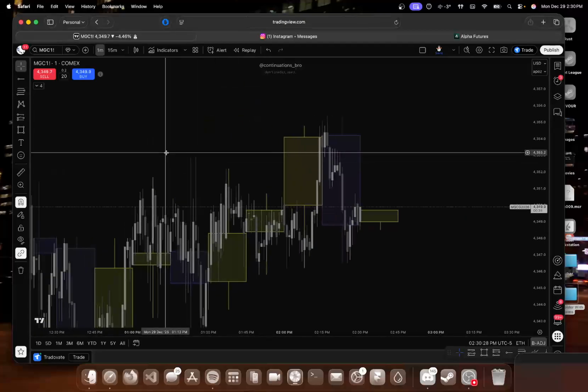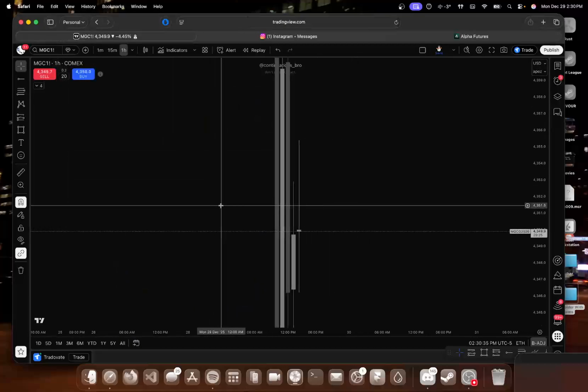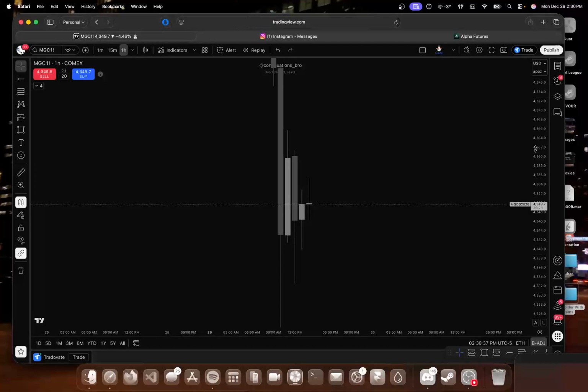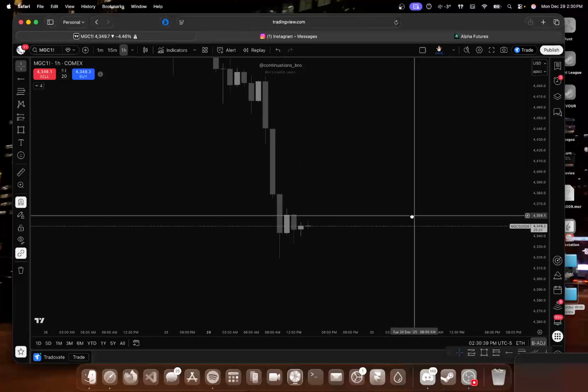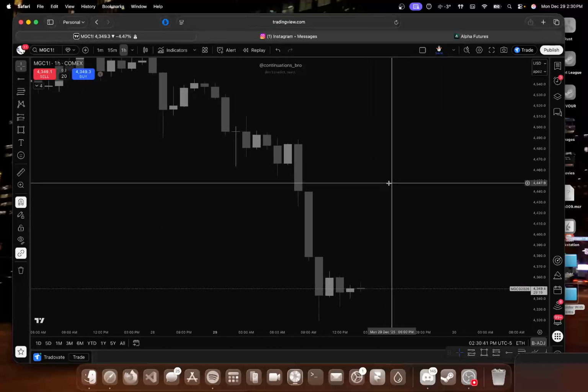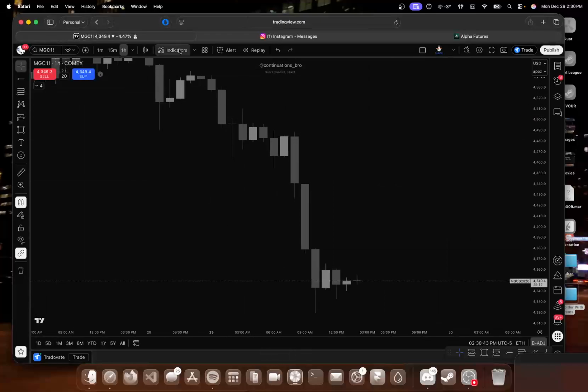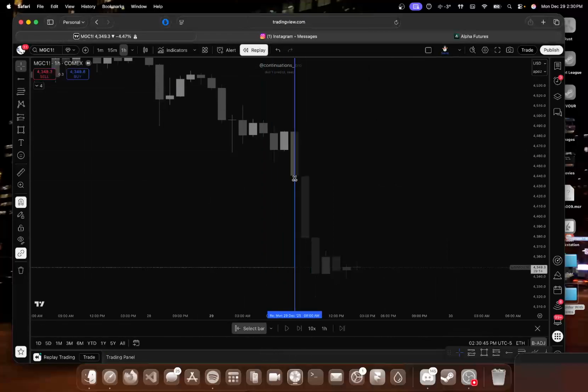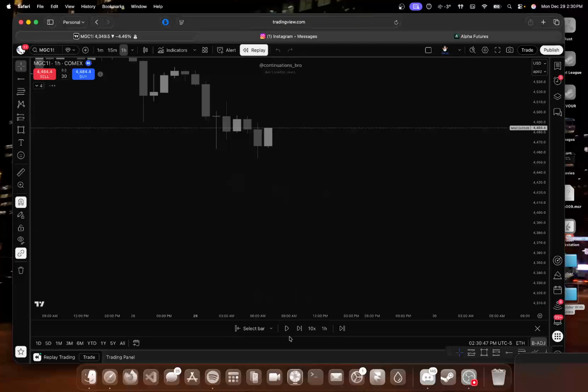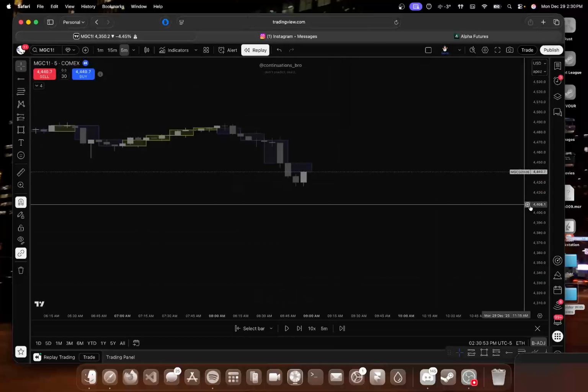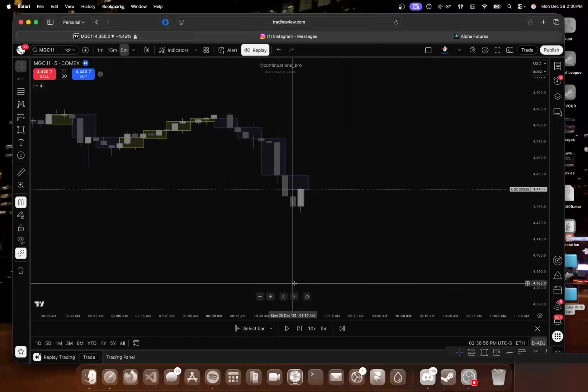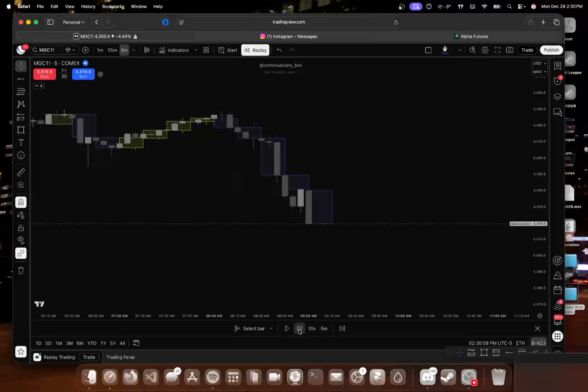I haven't tested the 1 hour and 5 minute, but in theory, if you go on the 1 hour and look for a CISD, let's see, like this. So let's say here we have a CISD, and then we go to the 5 minute, and we just look for a bearish CISD on the 5 minute right after.